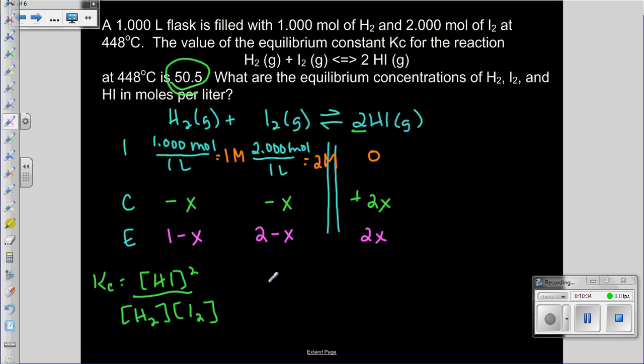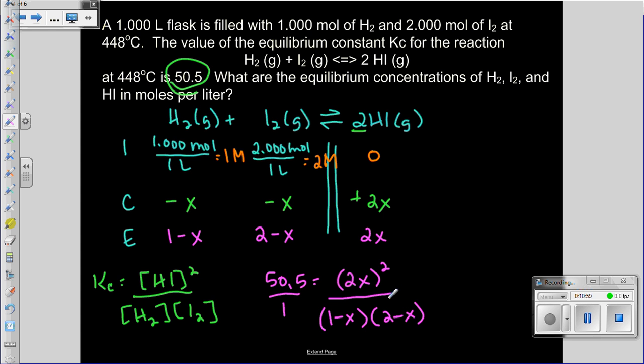I want to substitute into the expression. So 50.5 equals HI, which is 2x. Remember, that whole quantity is squared. I'm dividing that by 1 minus x times 2 minus x. And the 50.5 is like it's over 1.